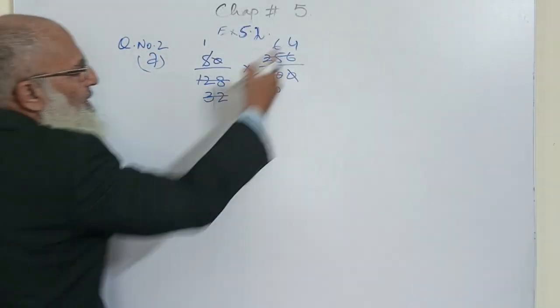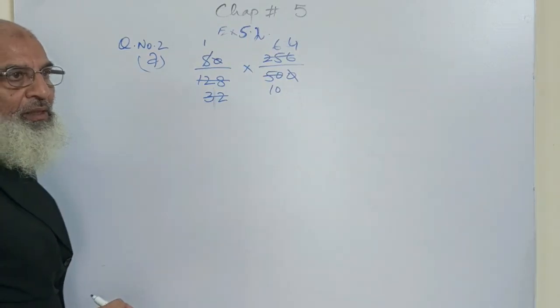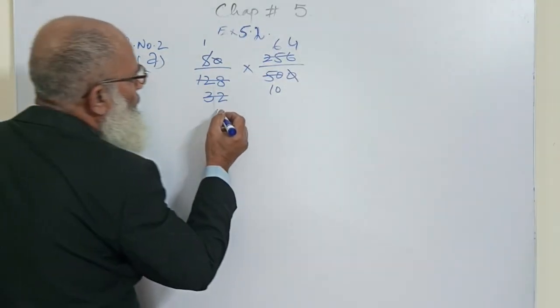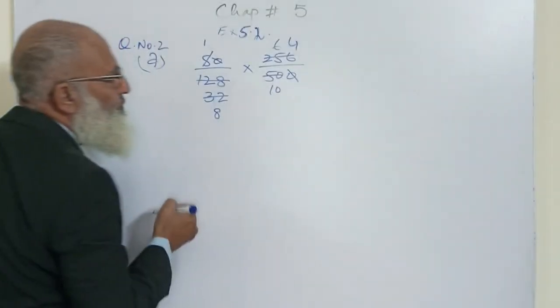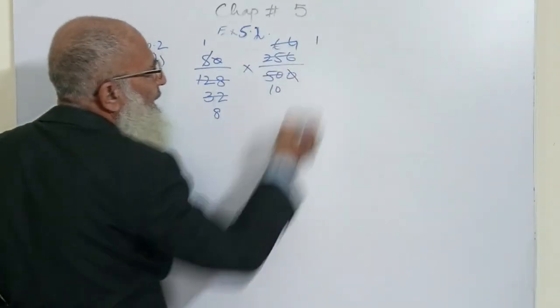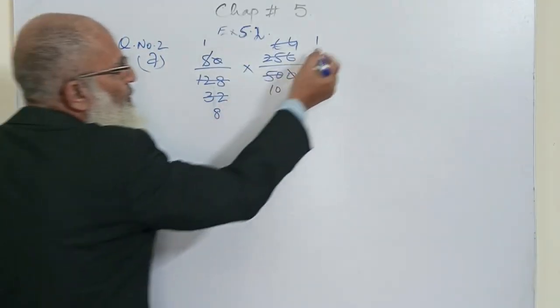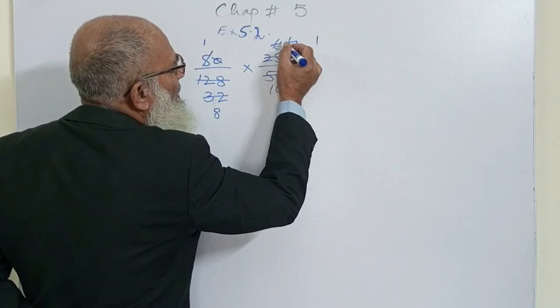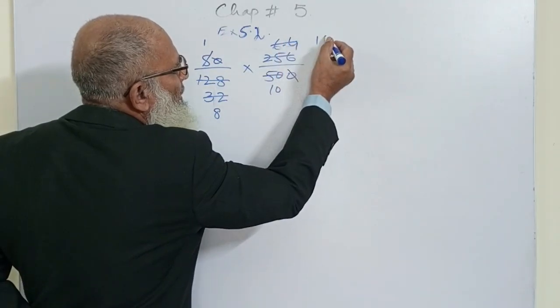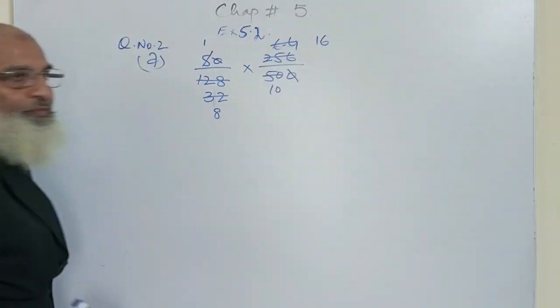Again you can see that it is divisible with 4. 4 8 times 32 and 4 16 times 64.